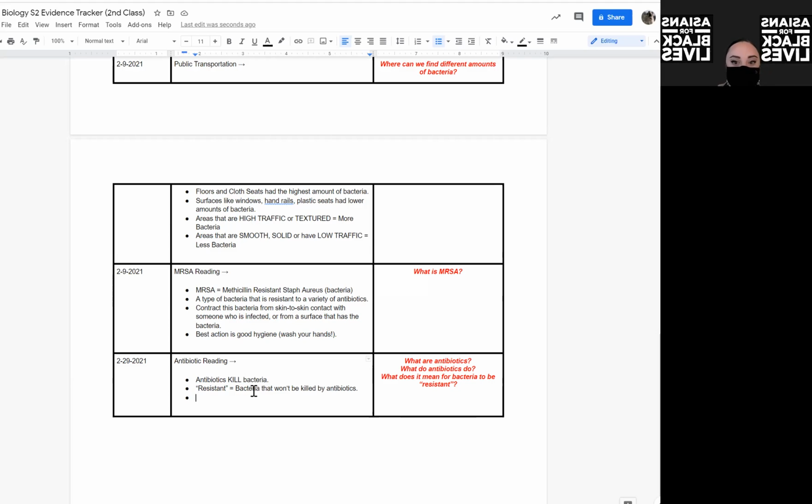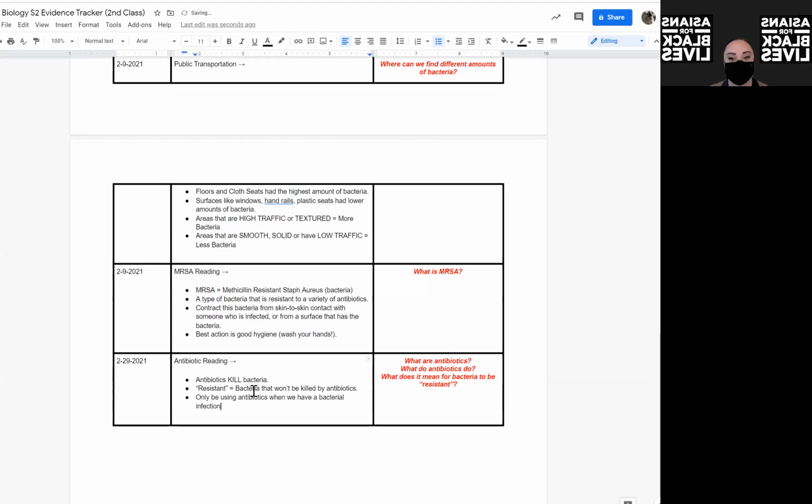Okay. Now, the reading then wrapped up by giving some tips of how we can avoid or decrease the chance of bacteria becoming resistant. And so the main thing here is that we should only be using antibiotics when we have a bacterial infection.